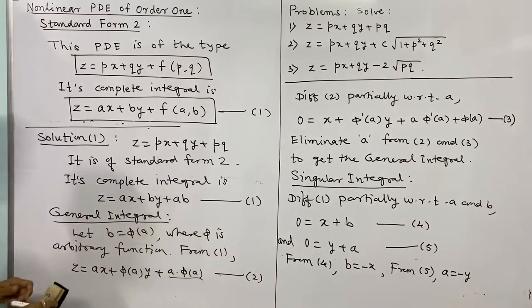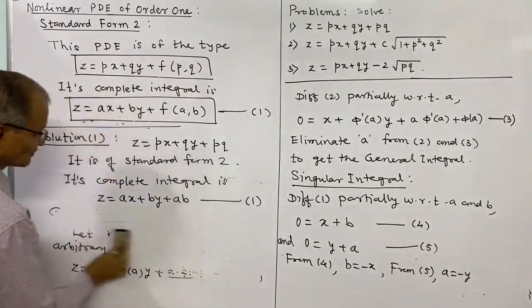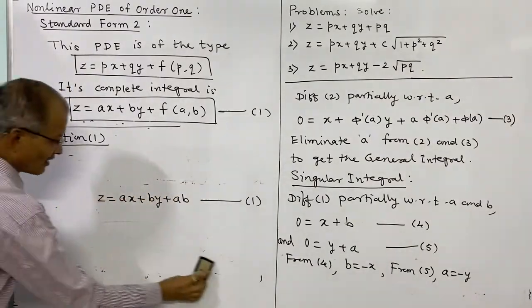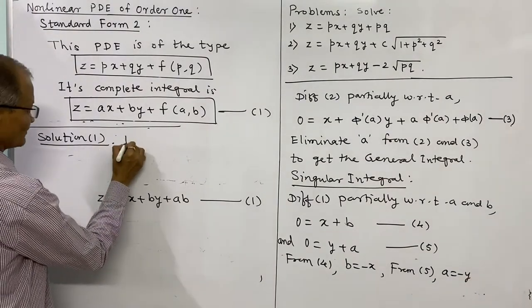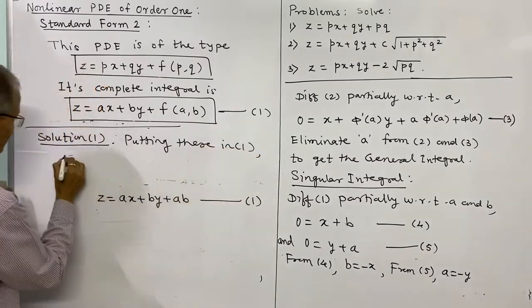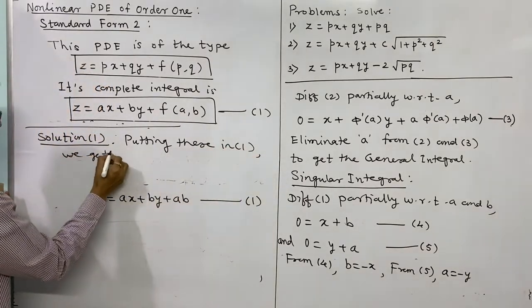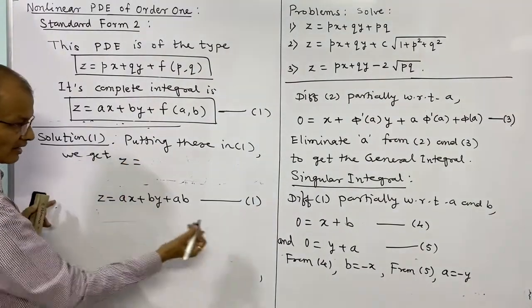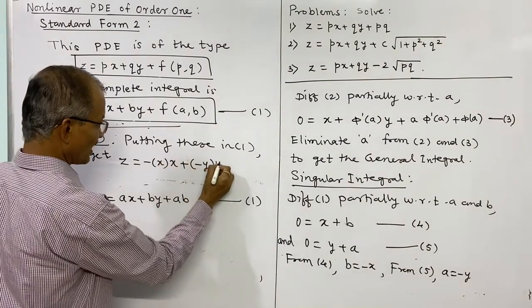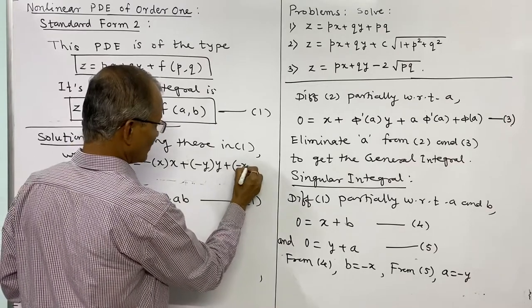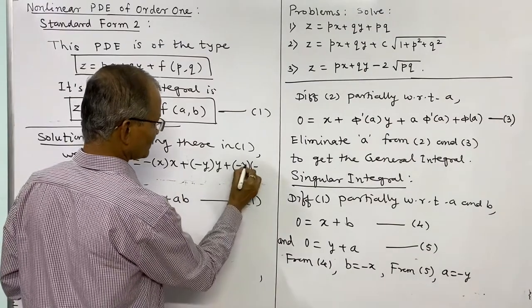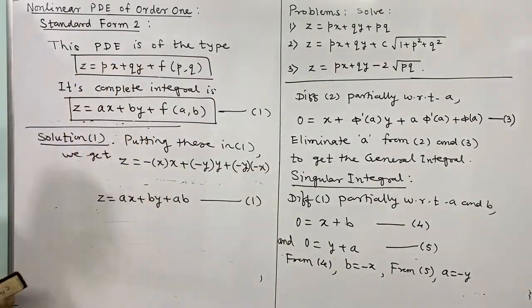So put this in 1. Putting these in 1, we get z is equal to a, which is negative y, into x, plus b, which is negative x, into y, and plus again a into b. So this is to be simplified.